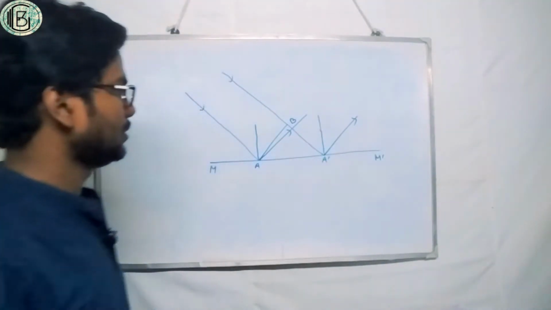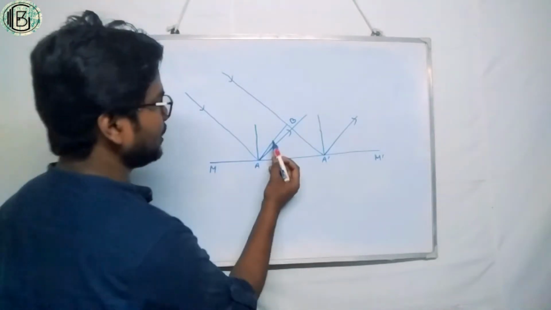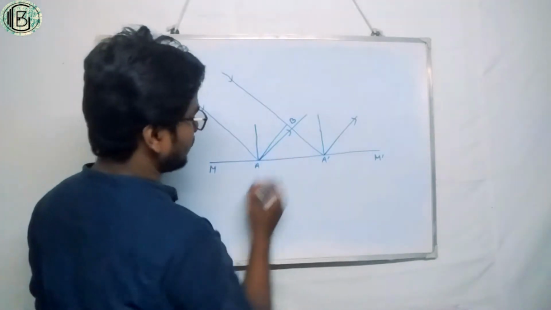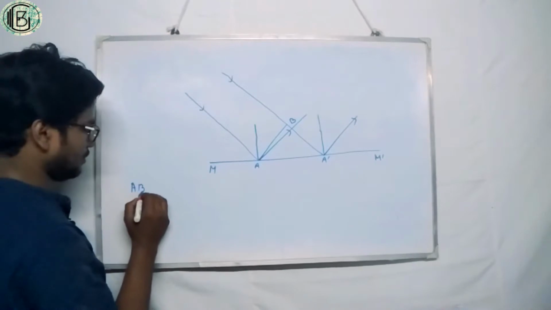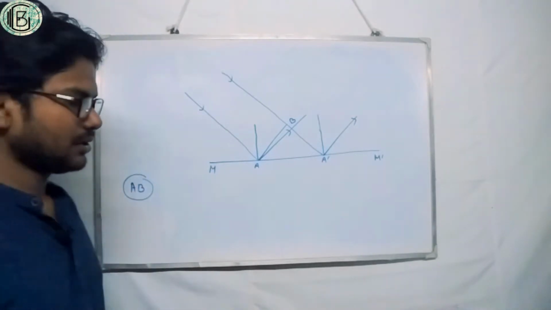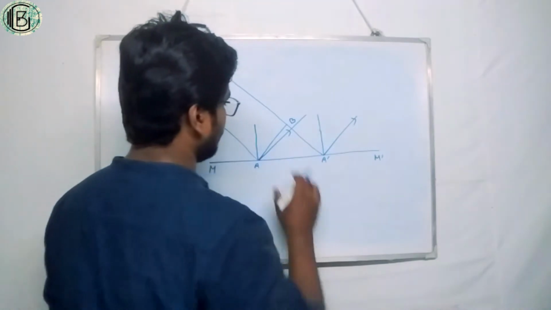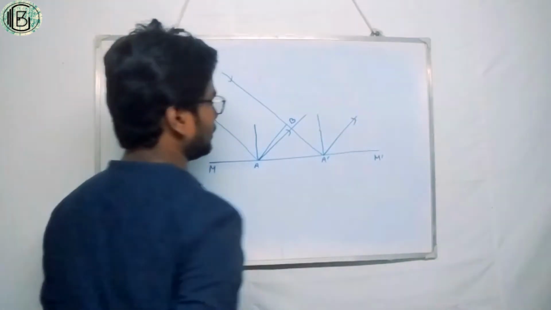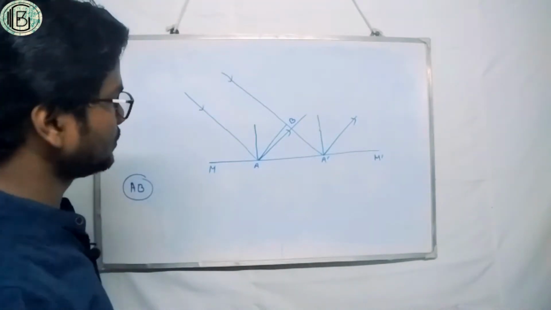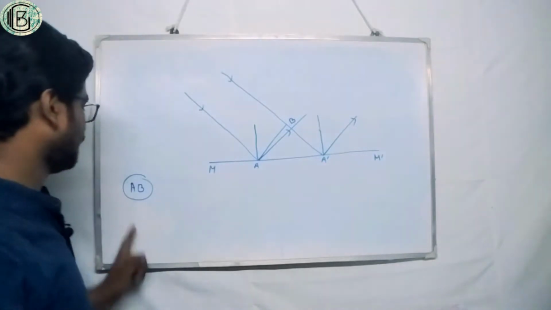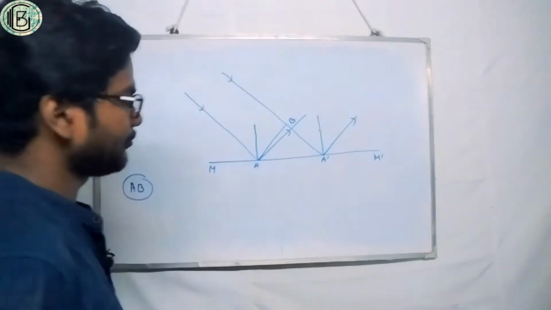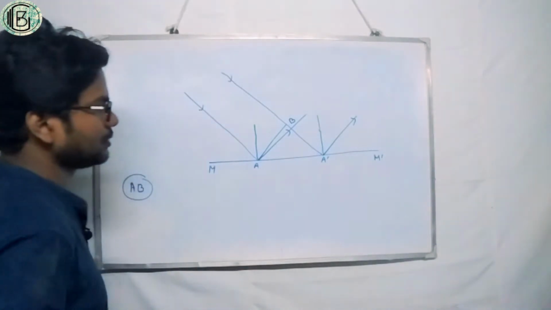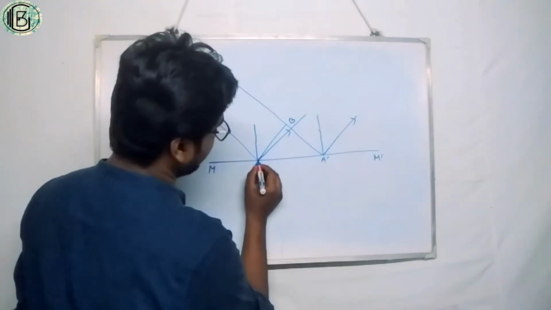Now one thing, don't get confused with these lines. This AB represents the wavefront, and this one is the reflected light. So don't get confused with AB and this line. Now we will extrapolate to define the line.